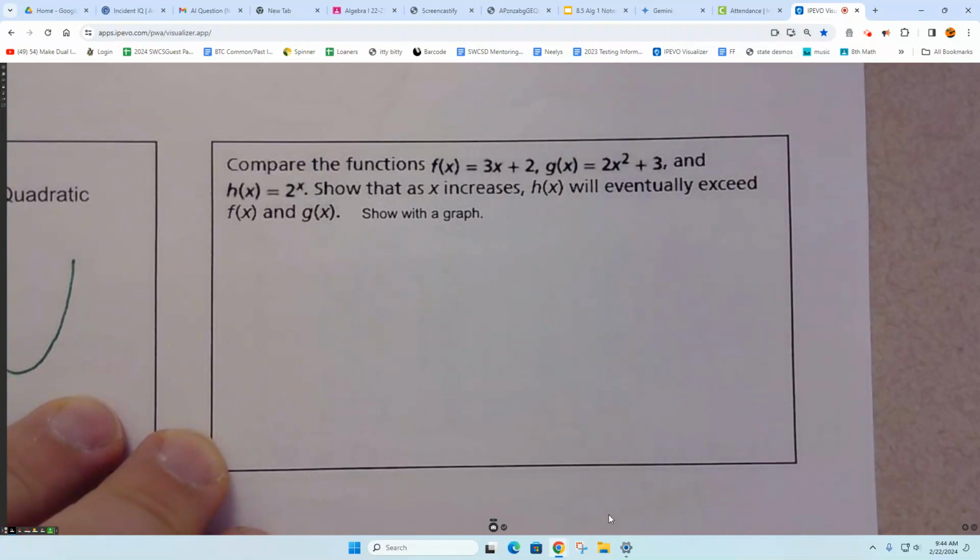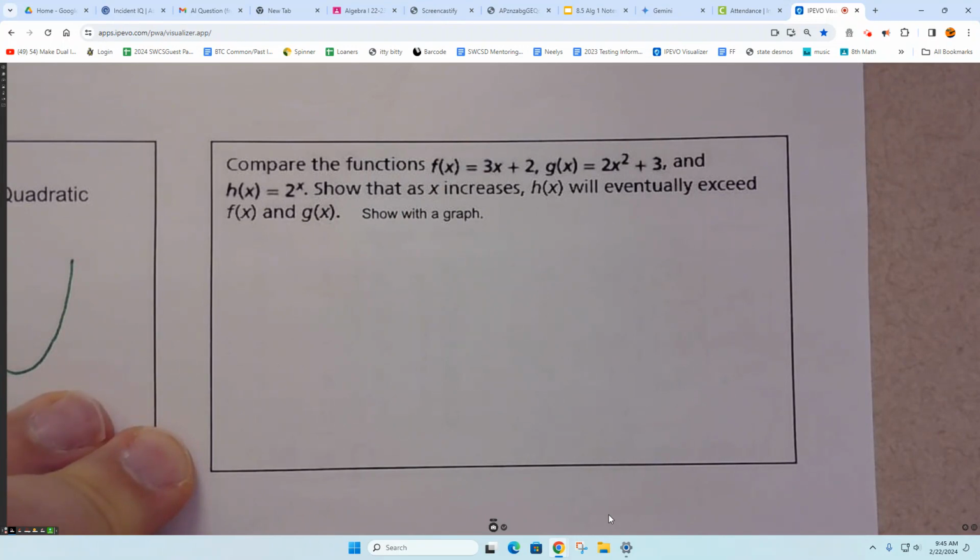Compare the following functions. Show that as x increases, h of x will eventually exceed f and g. Show with a graph. Okay. We don't have a graph. So we could have a race, right?